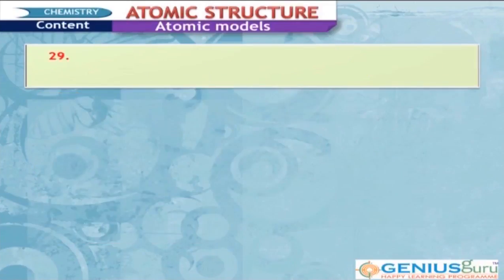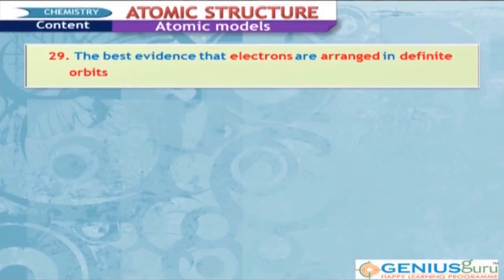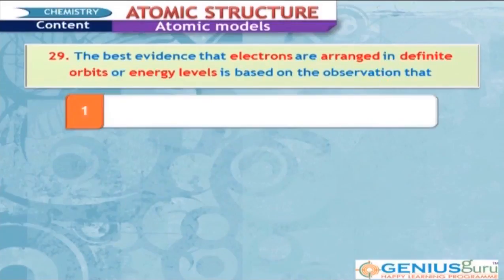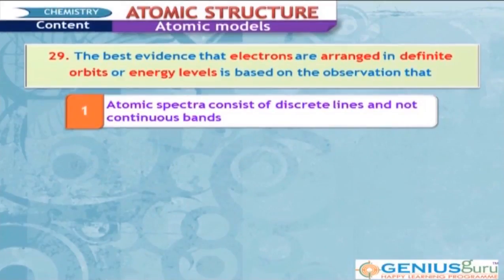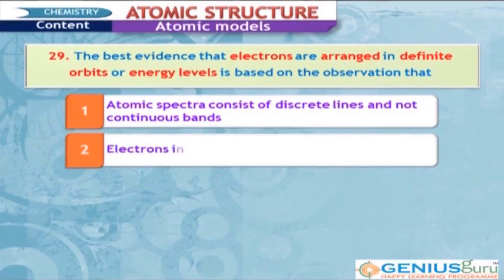Next question is, the best evidence that electrons are arranged in definite orbits or energy levels is based on the observation that, here are the options. First option, atomic spectra, which consists of discrete lines and not continuous bands. Second one is, electrons in the beta ray have high kinetic energy.